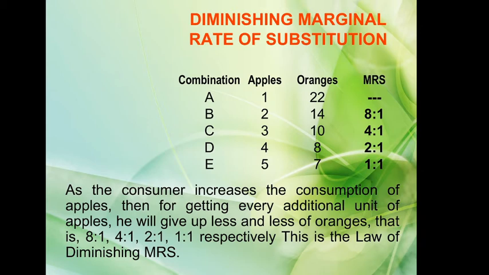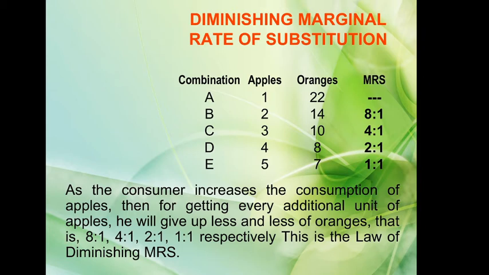In combination B, the consumer is ready to sacrifice 8 oranges to get one more apple. In the C combination, he is ready to sacrifice only 4 oranges to get one more apple.